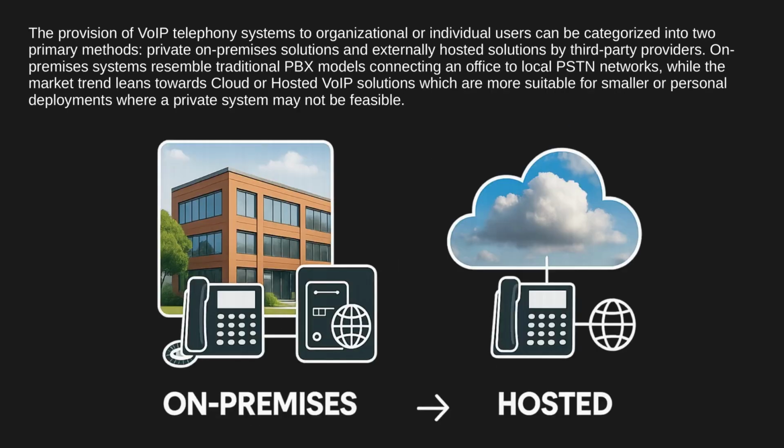The provision of VoIP telephony systems to organizational or individual users can be categorized into two primary methods: private on-premises solutions and externally hosted solutions by third-party providers. On-premises systems resemble traditional PBX models connecting an office to local PSTN networks, while the market trend leans towards cloud or hosted VoIP solutions, which are more suitable for smaller or personal deployments where a private system may not be feasible.